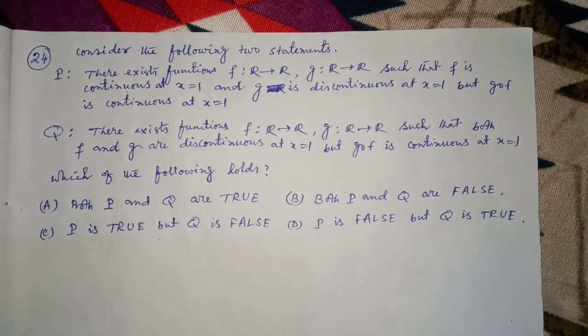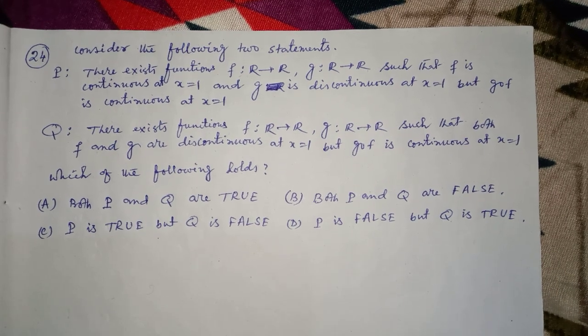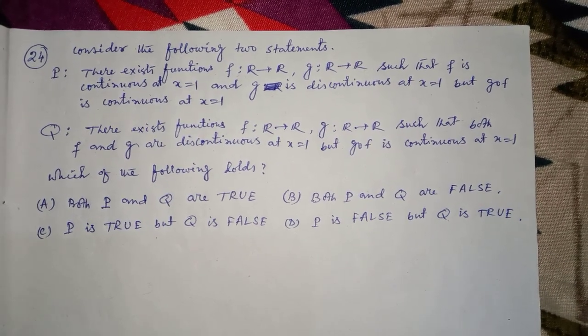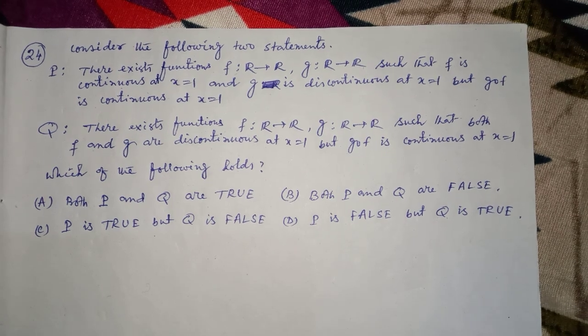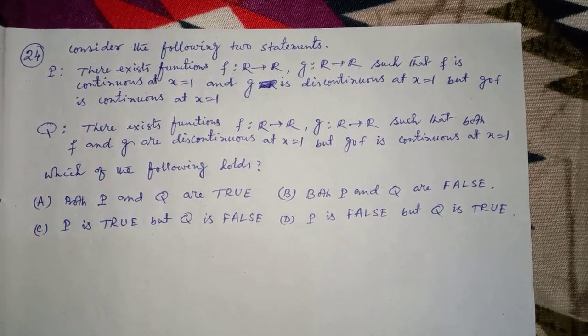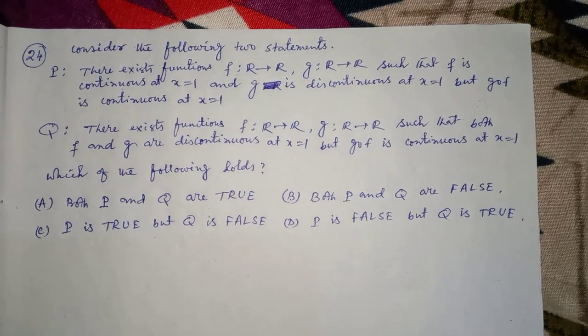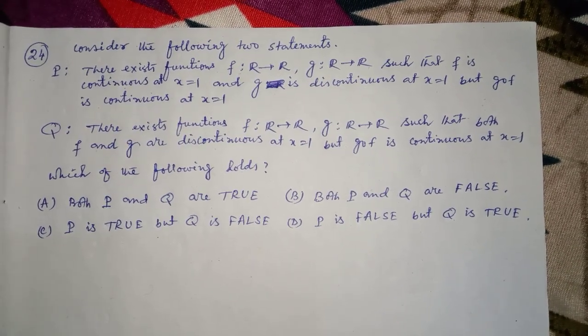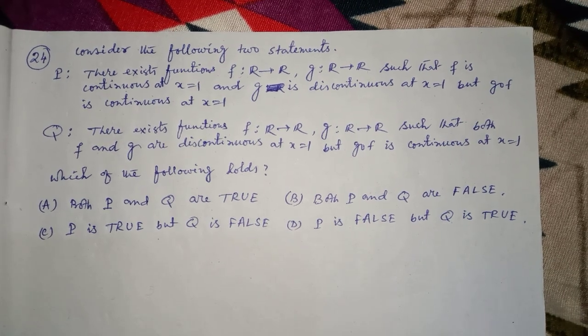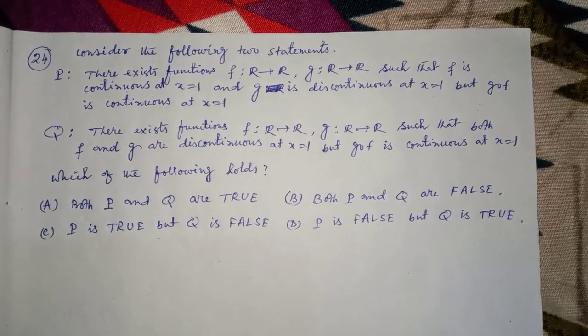Statement Q: there exist functions f: R to R, g: R to R such that both f and g are discontinuous at x equal to 1, but their composite function g of f is continuous at x equal to 1. So which of the following holds?